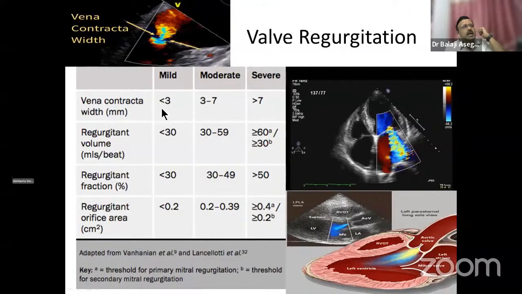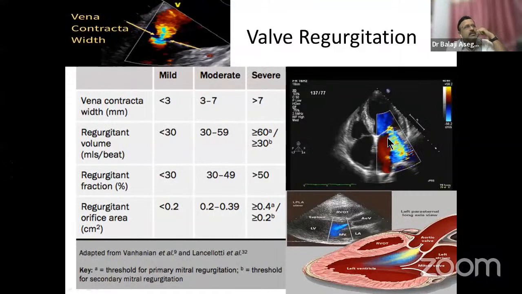Another method is the vena contracta. Vena contracta is nothing but the width at the level of this jet. The more the width, the more the regurgitation. Similarly, if you find a vena contracta of more than 7 on echocardiography, it itself indicates a severe kind of valvular regurgitation.